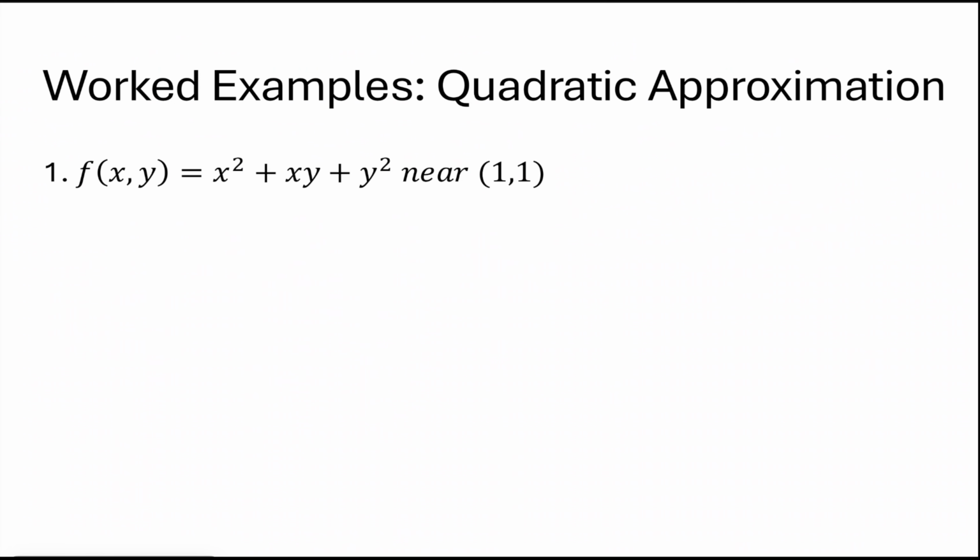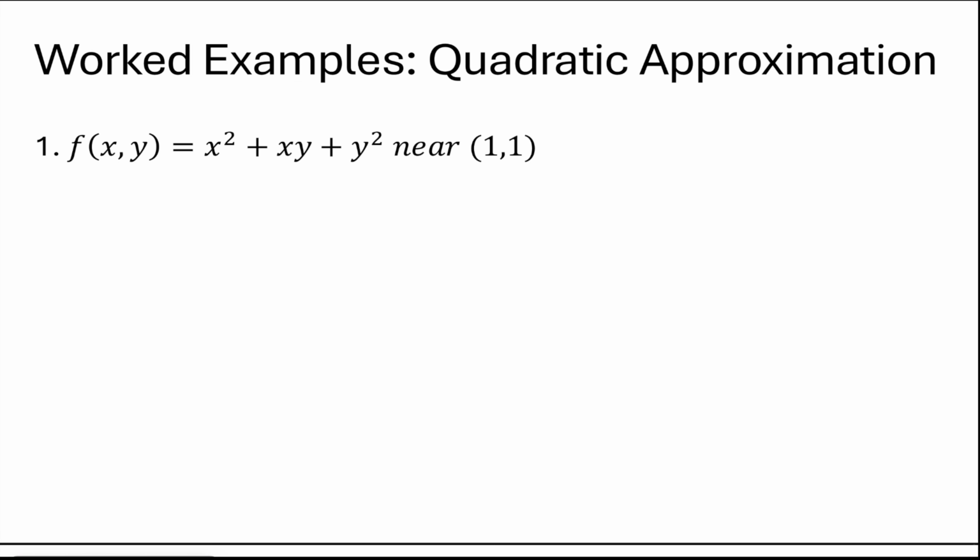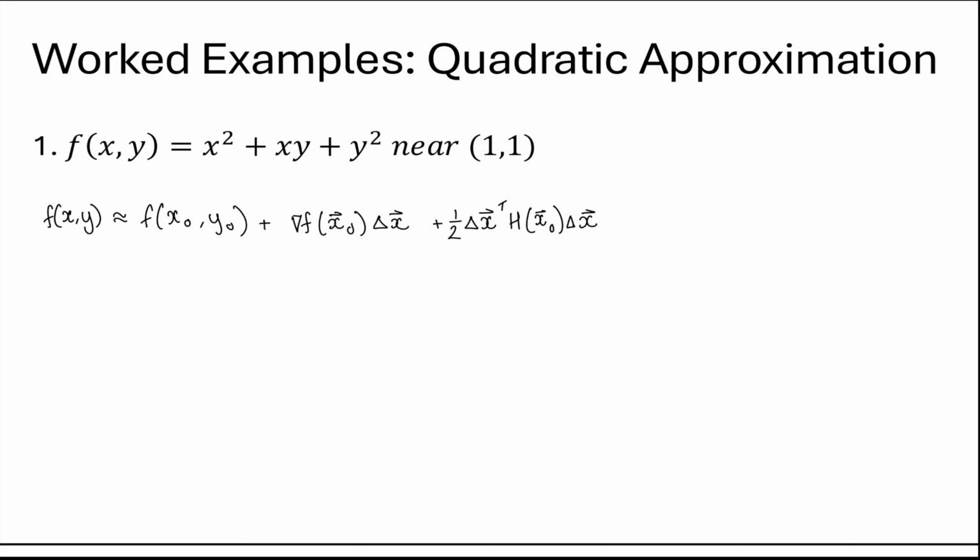Cool. Moving on to our next example, we are now going to be looking at a quadratic approximation, and we're going to be approximating the function x squared plus xy plus y squared near the point (1, 1). So once again, if we recall what the formula is, this was the formula.